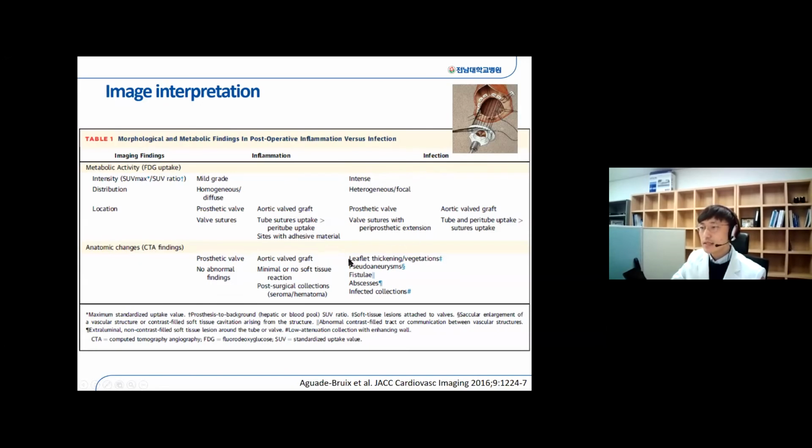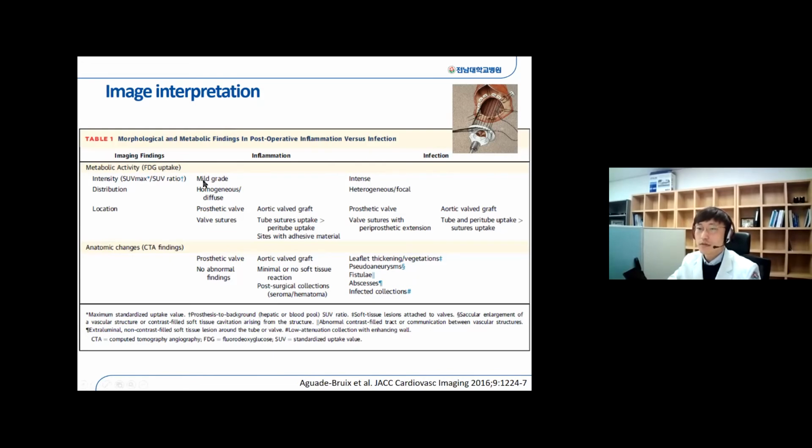Actually, this guideline says that there are differences in the uptake location, but based on my short experience in infection imaging with FDG PET, it is quite difficult to differentiate the prosthetic uptake and periprosthetic uptake on FDG PET, because there can be some cardiac motions, respiratory motions, and some mismatches between the PET and CT images.